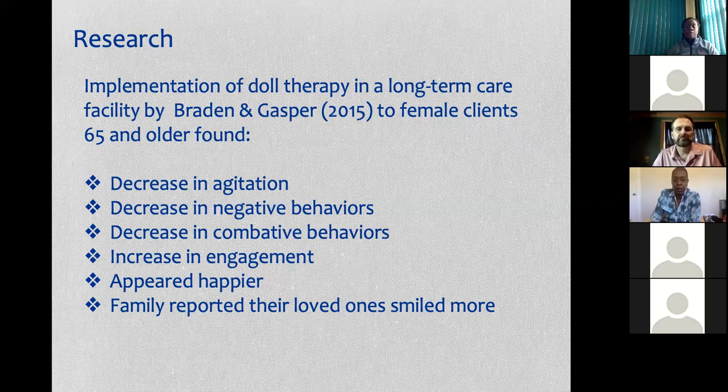At first, they wanted to do it based on age, but when the clients were actually entered into the study, the researchers actually didn't know the age. And so they determined that even though they said 65 and older, age really was not a factor.